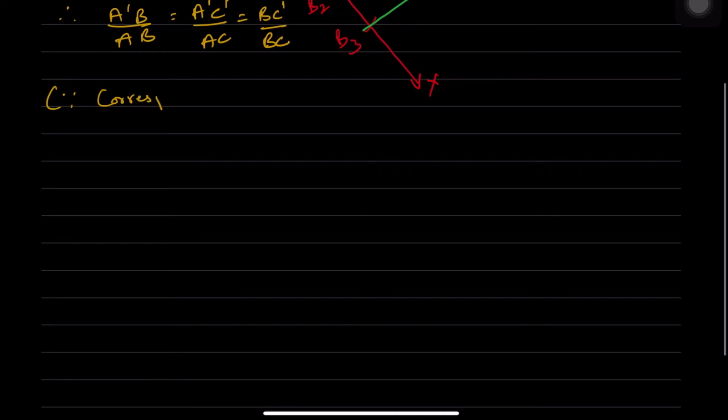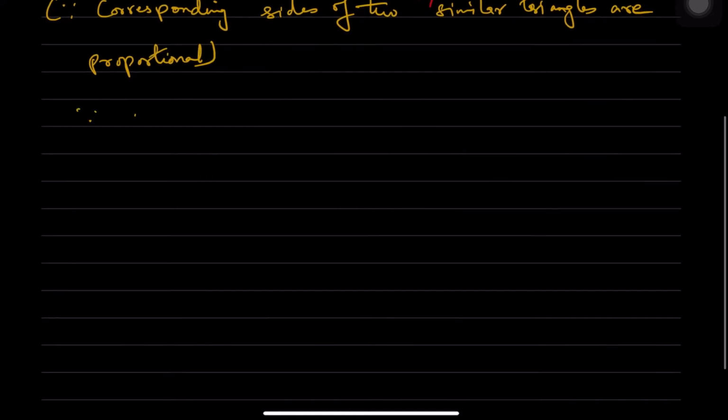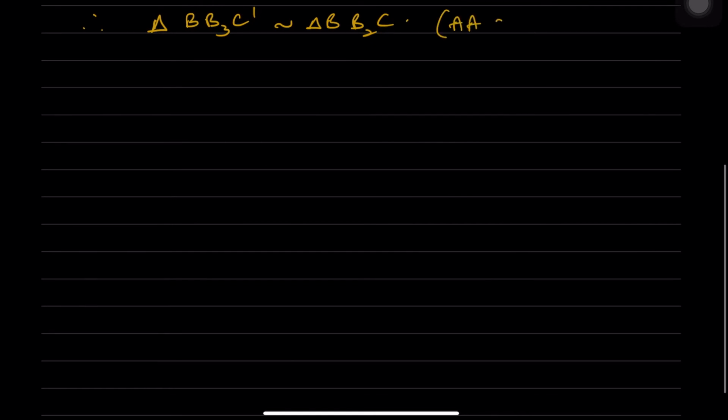Since corresponding sides of two similar triangles are proportional, and since B3 C dash is parallel to B2 C by construction, therefore triangle B B3 C dash is similar to triangle B B2 C by AA similarity criterion.